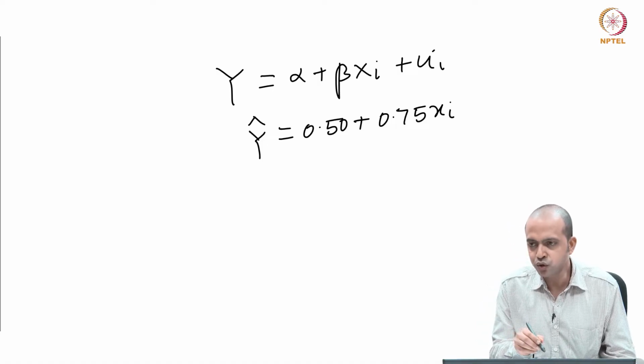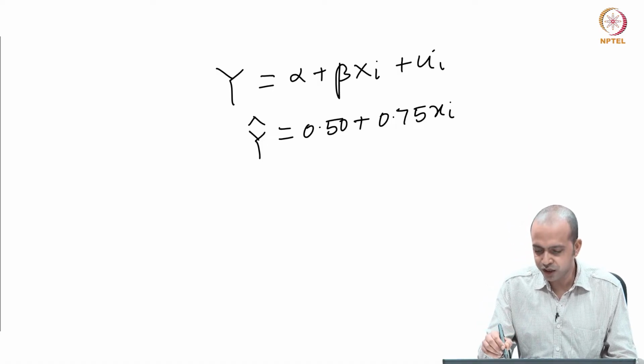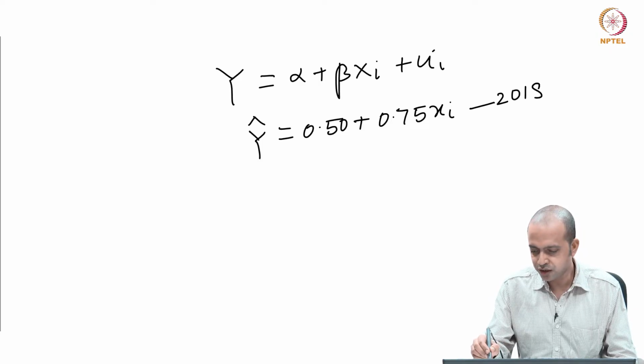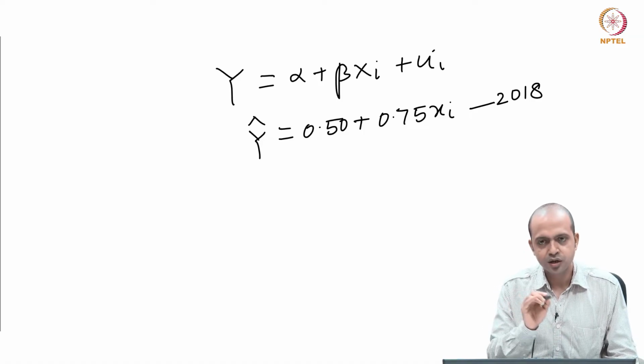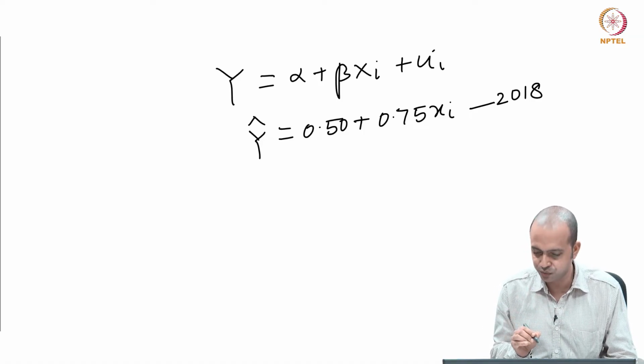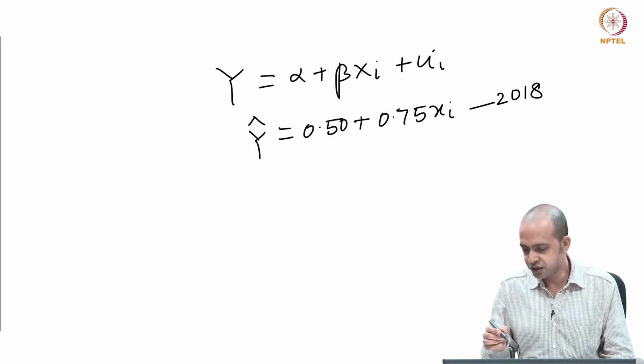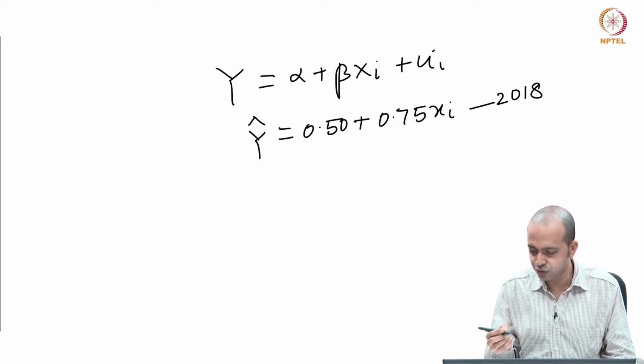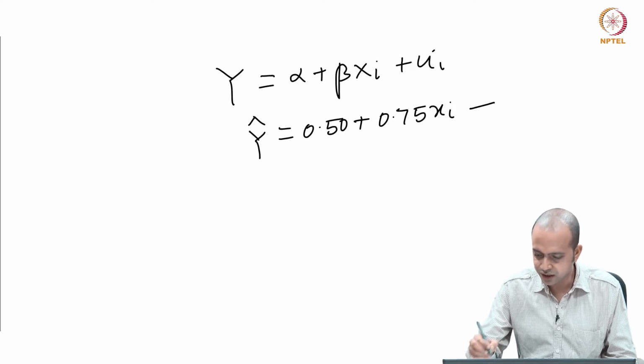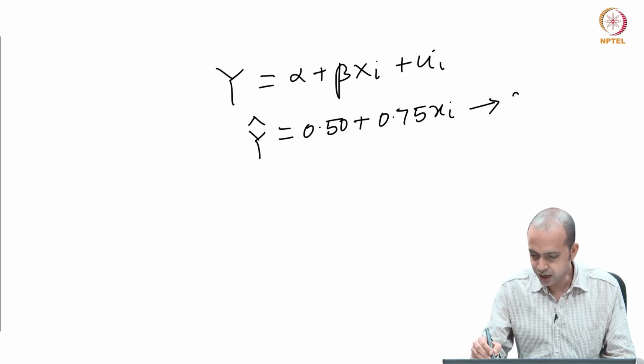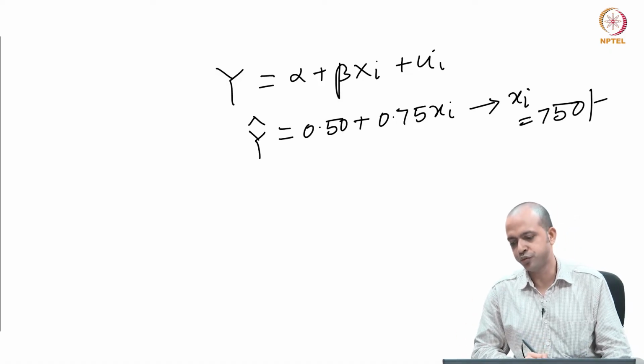Now, how could this be used for forecasting for any particular year? Let us say I want to use this in 2018 data. Let us say this is the macro consumption function that I have estimated, or for a particular individual instead of 2018, let's say I would like to put the ith individual's Xi equals to, individual's income is 750 rupees.